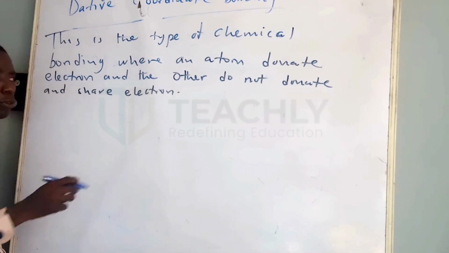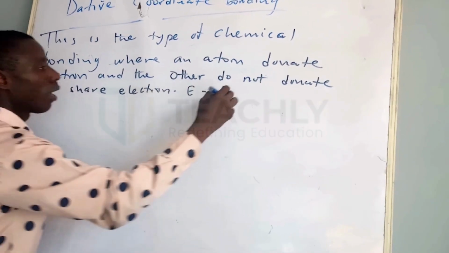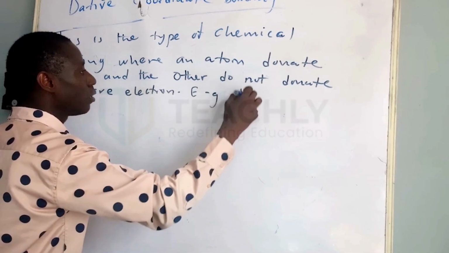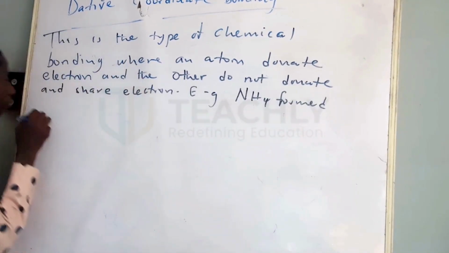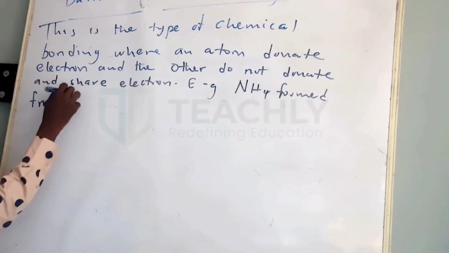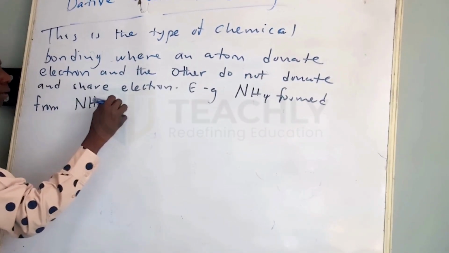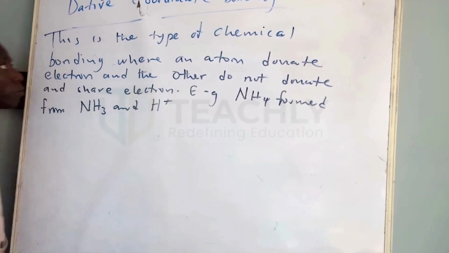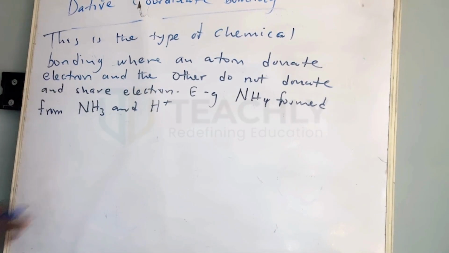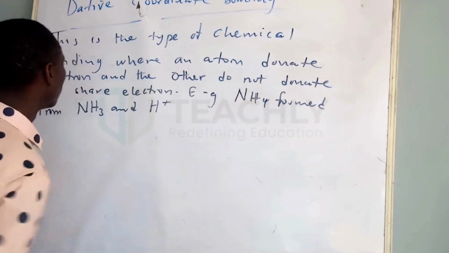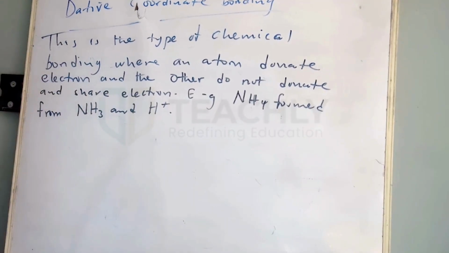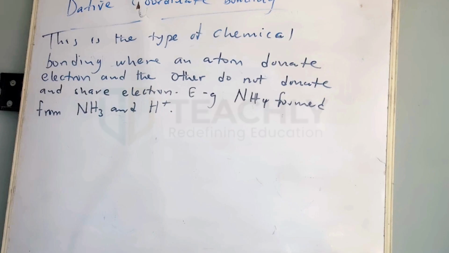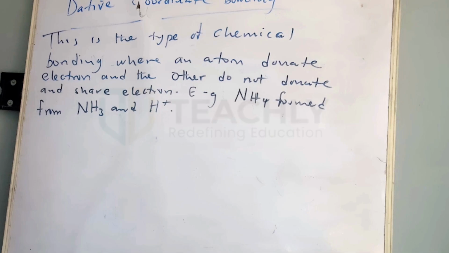An example is ammonium, NH4, formed from NH3, ammonia, and H plus, hydrogen ion. So it's an example of covalent dative coordinate bonding.